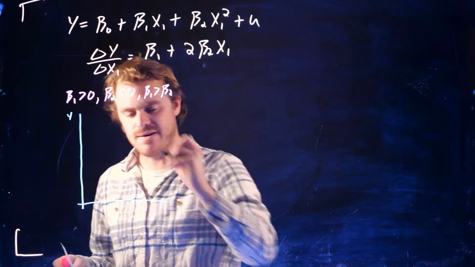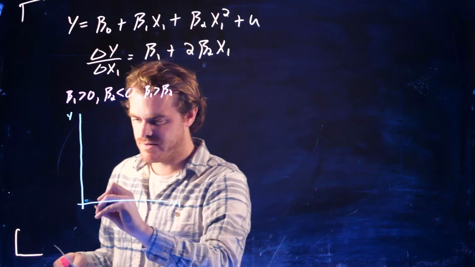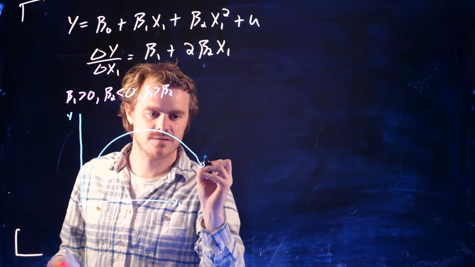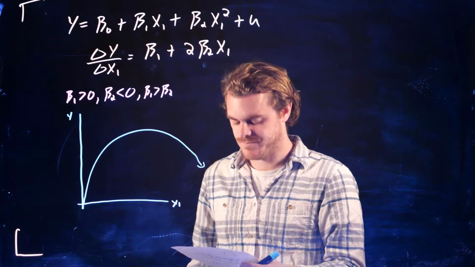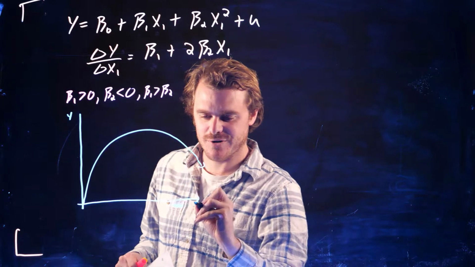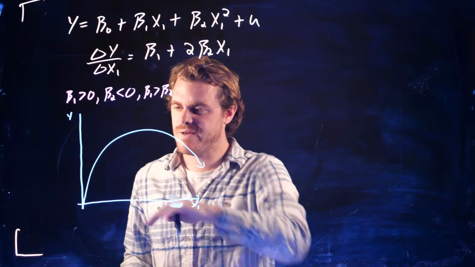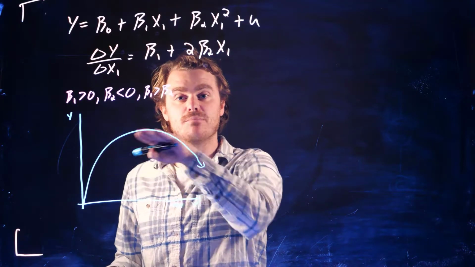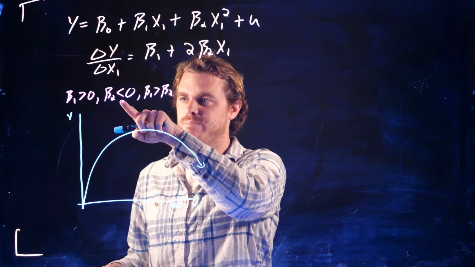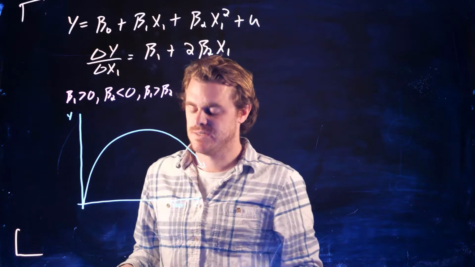So here's our y variable, here's our x1. We're going to have something that looks like this parabola here, right? We have this decreasing marginal returns if beta 1 is greater than 0 and beta 2 is less than 0.